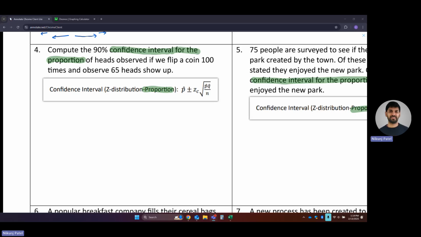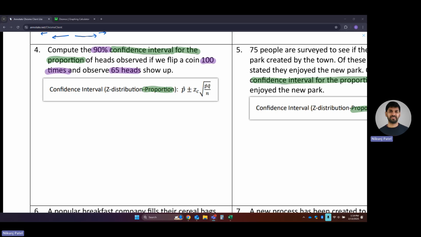So for number 4, we have a few different numbers. We've got a 90% confidence interval. We flip the coin 100 times, and we see that there are 65 heads. And in this formula, you see there's various values. I'm going to show you how to determine each of them and how to plug them into your formula.